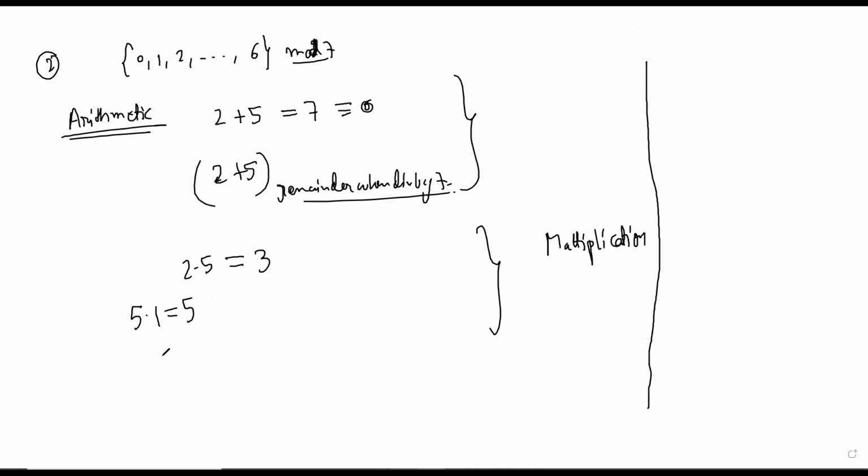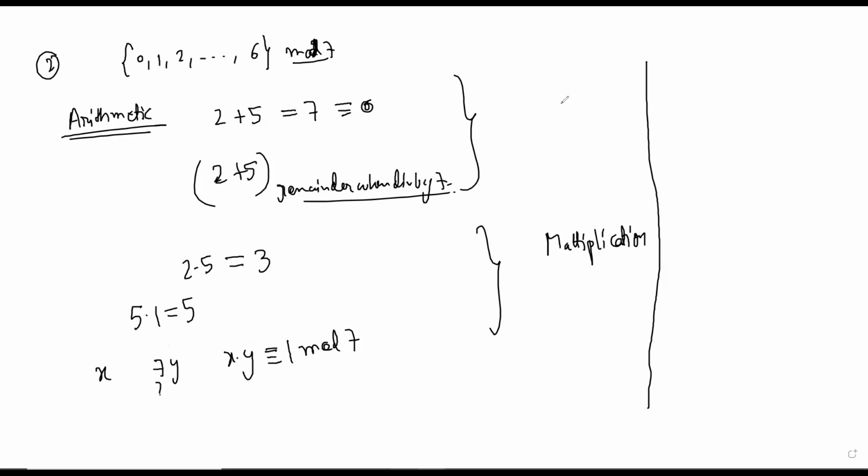So now we are asking: for every element x, does there exist a y such that x times y leaves a remainder 1, modulo 7? Is that okay for everyone? That's what I'm basically asking you to prove.